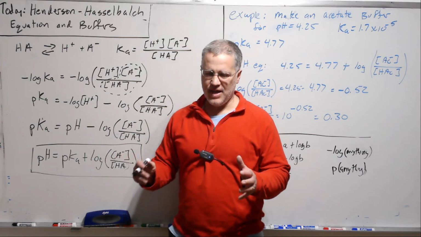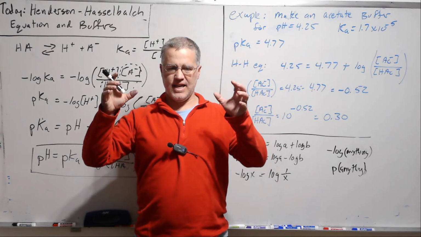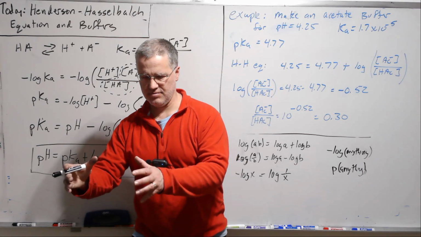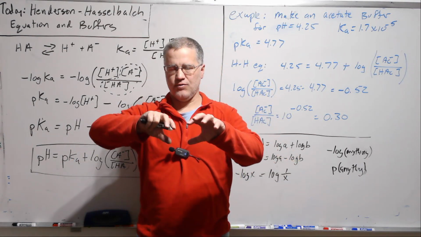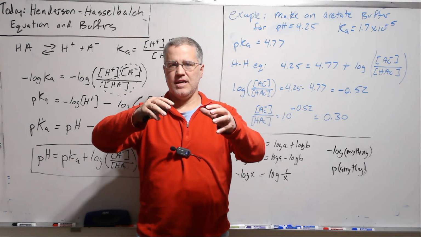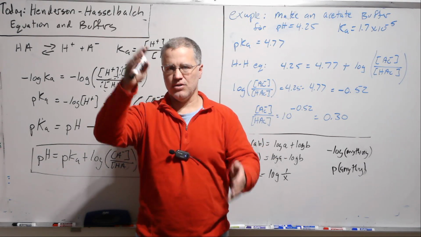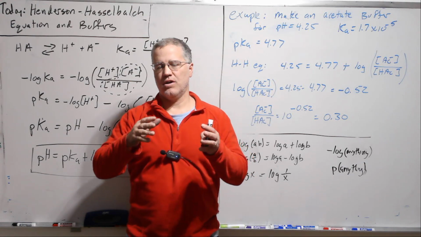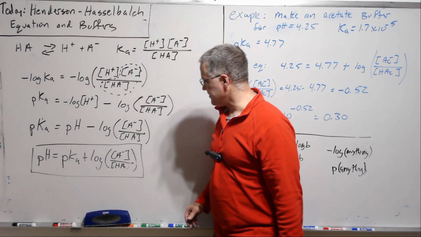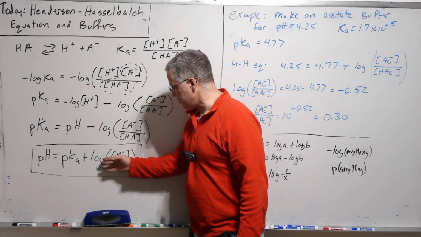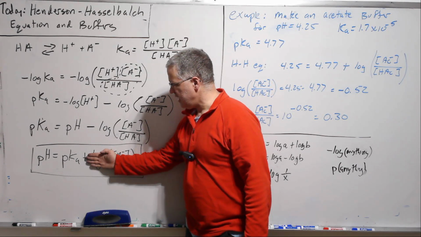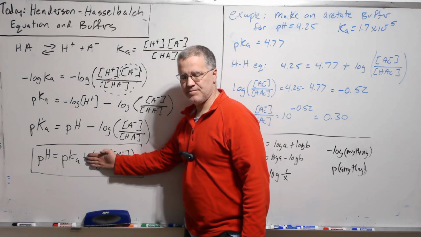So if we make the buffer where we take the same amount of, say, acetic acid and sodium acetate, equal moles, then that's like the optimal buffer for acetic acid. So that is the case when this and this are the same. So log of 1 is 0, and so the pH equals the pKa.